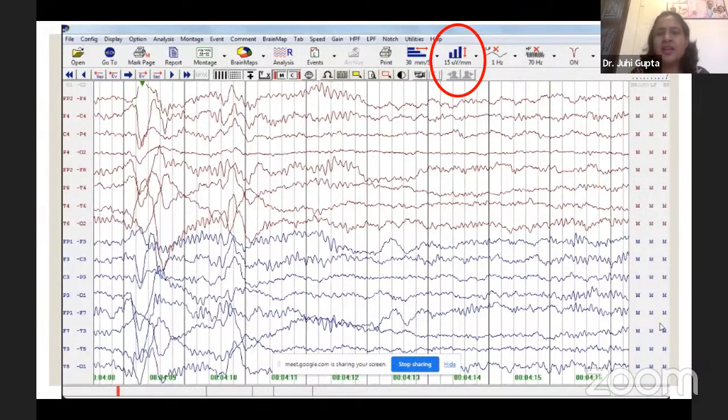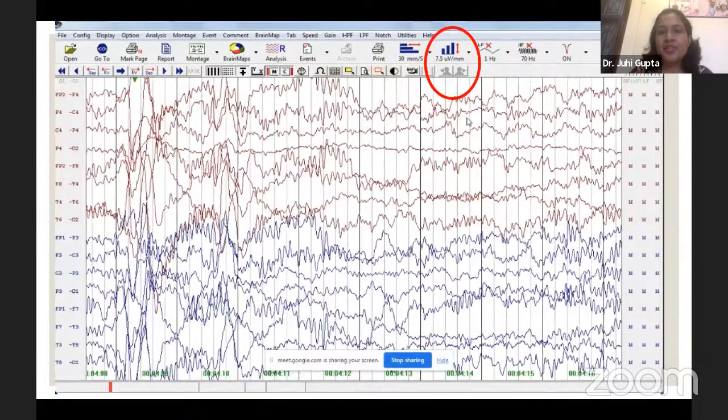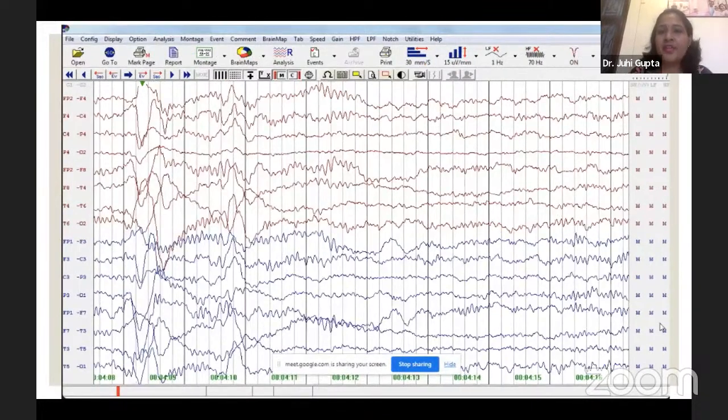You see things maybe a bit more clearly. But ideally, while looking at the EEG records, you should use a sensitivity of 7 or 10. And if it is required to look at a phase reversal, or to look at the localization of these discharges, then you can try to reduce and see. And actually, this is the benefit of looking at the EEG on the computer.